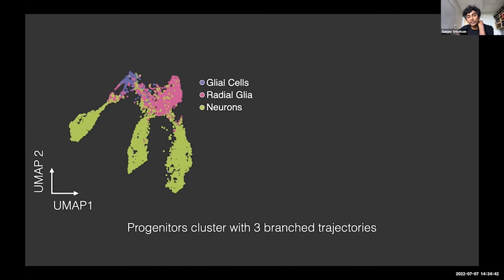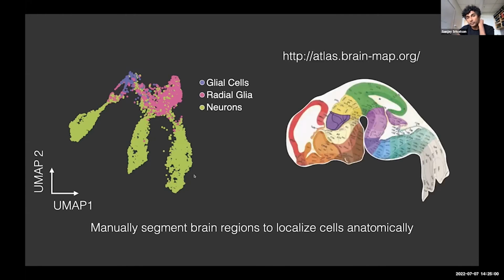If we were to follow the same inference or logic that we had before, we would assume that these radial glia are differentiating into these different neurons. But because we have this spatial information also, we can go back and ask, where are each of these cells sitting in the mouse brain?